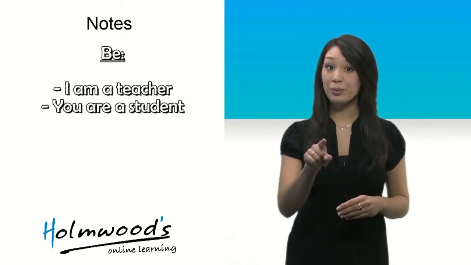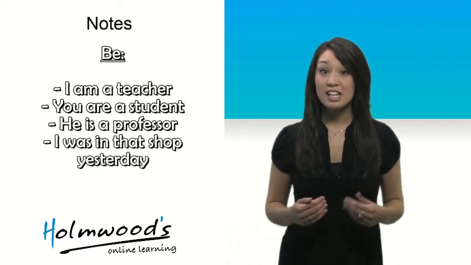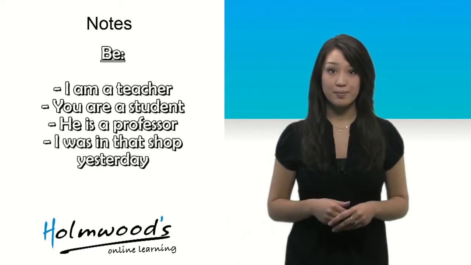Let's start with the verb be. The verb be has 8 different forms. I will show you that with 8 different sentences. I am a teacher. You are a student. He is a professor. I was in that shop yesterday.